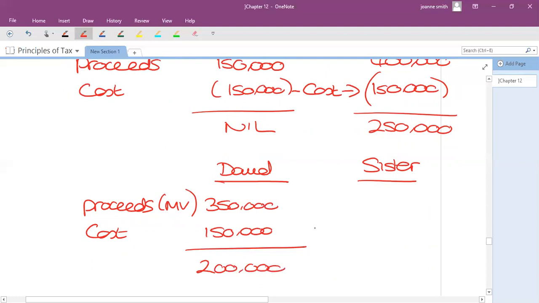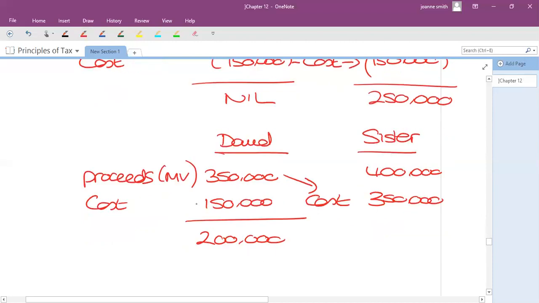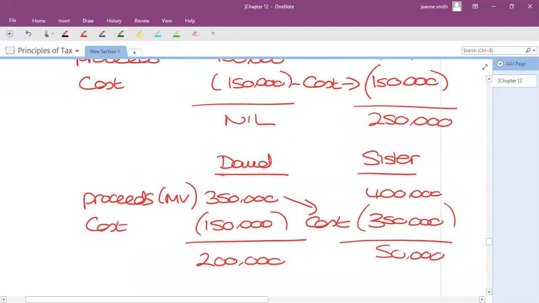The sister receives it for nothing, but her cost is deemed to be that market value. So when she sells it for 400,000, she will have a gain of 50,000. So in the first scenario, David pays no tax. All of the tax is on the person getting the money at the end.